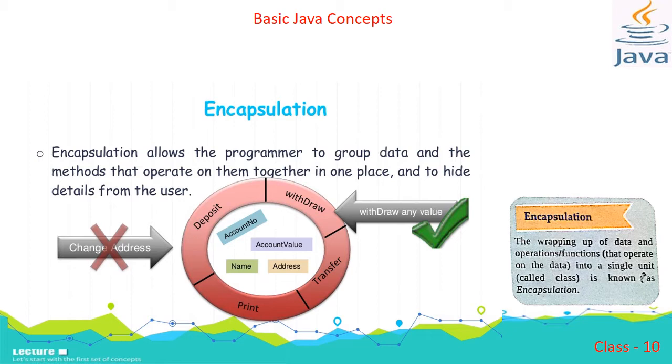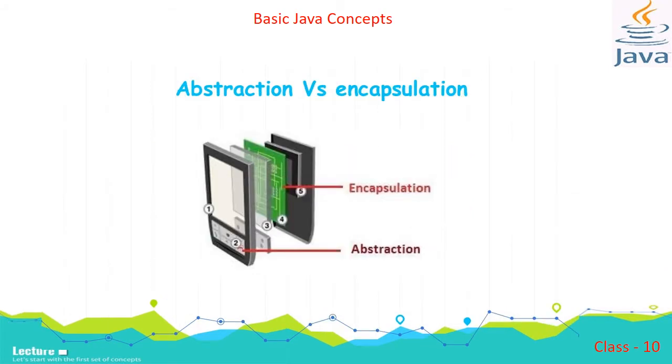So encapsulation is the wrapping of the data and the operational functions into a single unit, and that unit is called a class. Now here you can see the implementation of abstraction versus encapsulation in a very common device, a mobile phone.